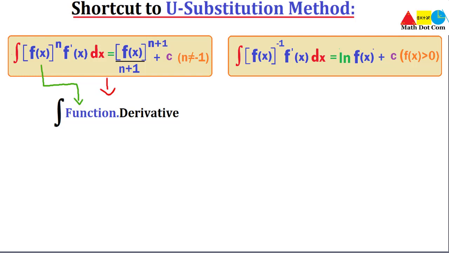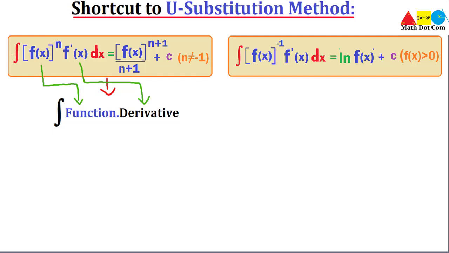So this is the function and this is the derivative. It is exactly the same situation as we discussed in our previous lecture, that if you come across a situation in which a function is multiplied by its derivative, then you have to use the u-substitution method. But here you don't need to use the u-substitution method, you just need to apply this formula.